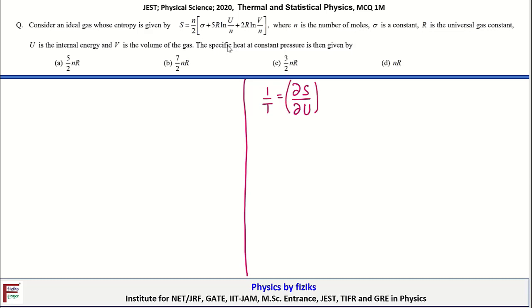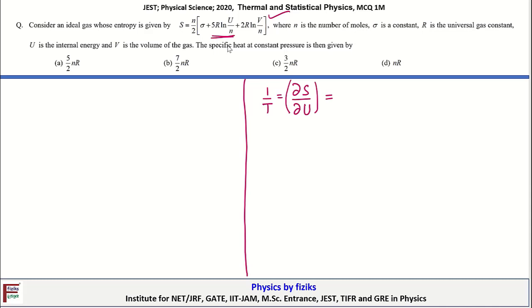The expression for the entropy is given to us, so we will differentiate it with respect to U, keeping all other variables constant. Only the second term in the middle is going to contribute in this expression.